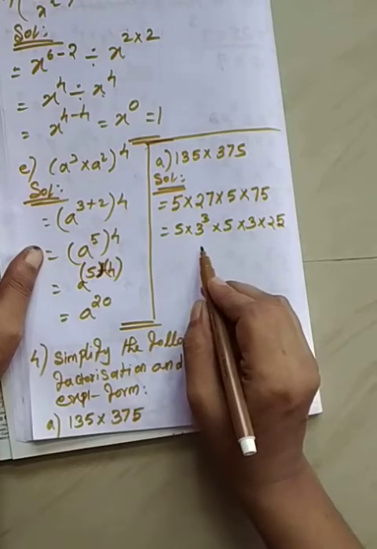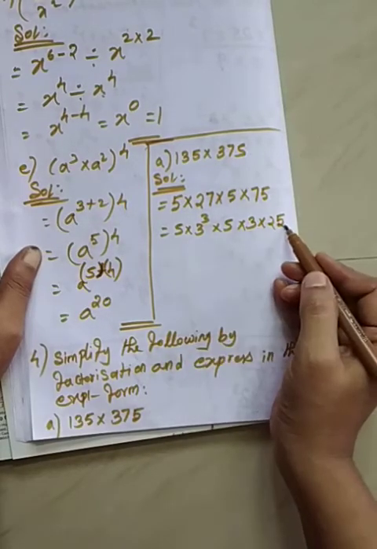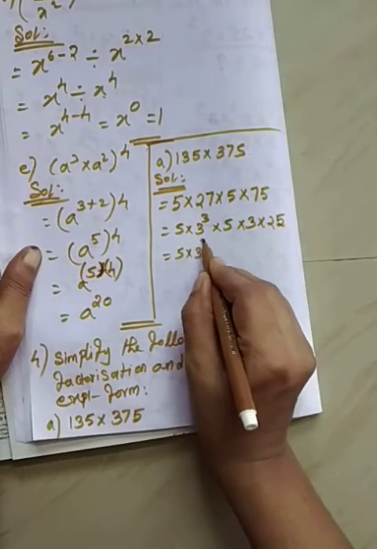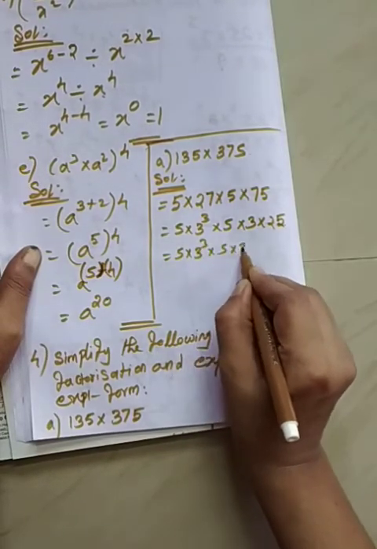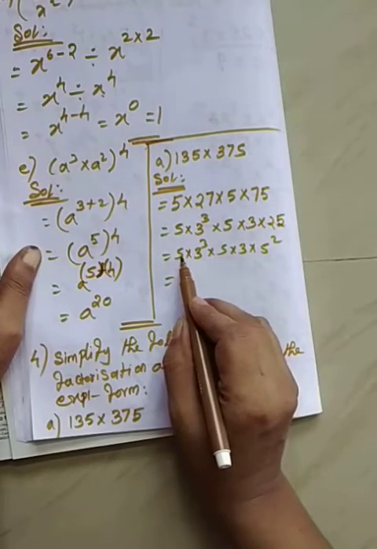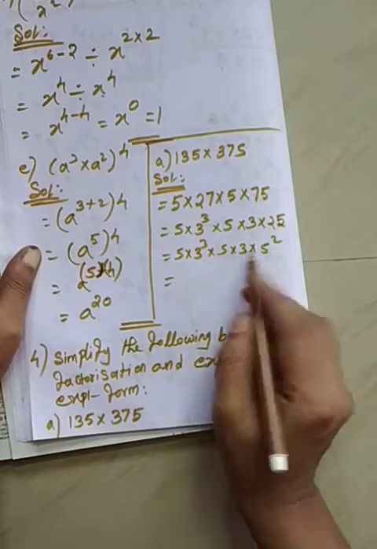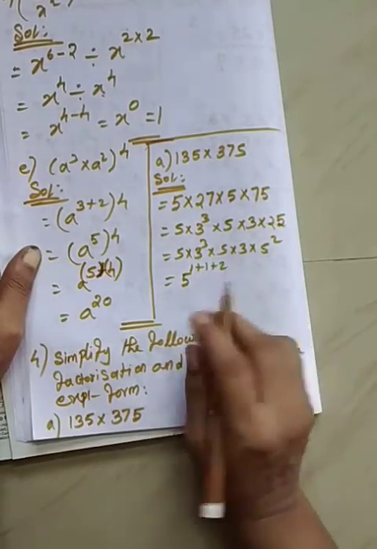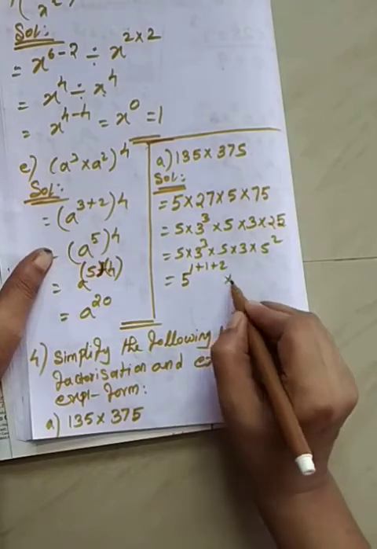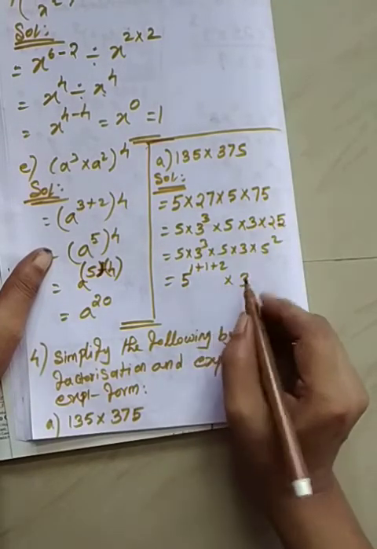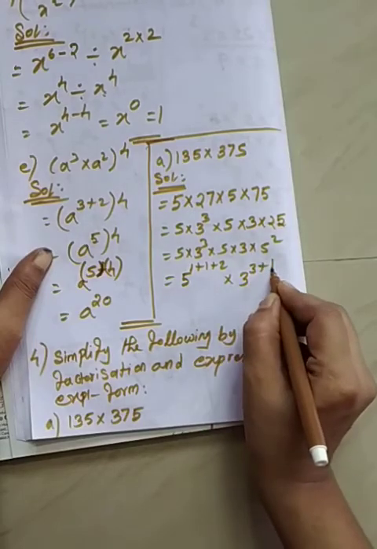Now see here, how can you write this 25? 5 square. So 5 into 3 cube into 5 into 3 into 5 square. See, 5 into 5 into 5 squared means you have to write 5 power 1 plus 1 plus 2. Into, in this one 3 power, here 3, here 1. So 3 plus 1.